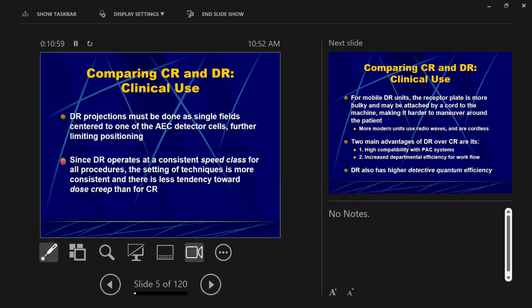A 100 speed film for a camera would expose slowly, so you would need to make longer exposure times. Your exposure time would have to be longer for a 100 speed film versus a 200 or 300 speed film. But the advantage was you were able to achieve better quality images.